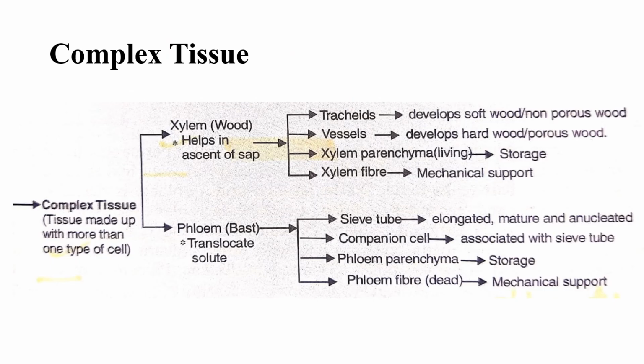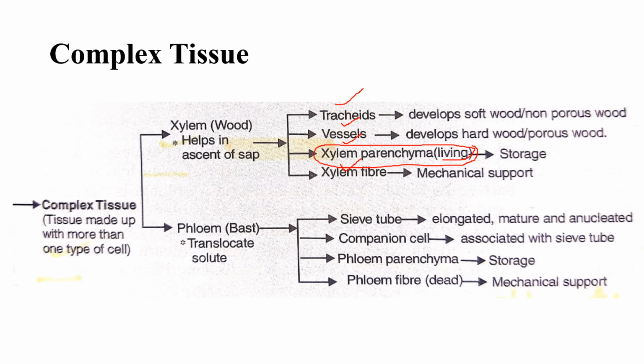Then complex tissue. So that is all about simple permanent tissue. Now complex permanent tissue: one is xylem and the second is phloem. Xylem has four components: tracheids, vessels, xylem parenchyma, and xylem fiber. Xylem parenchyma is the only living component of the xylem.